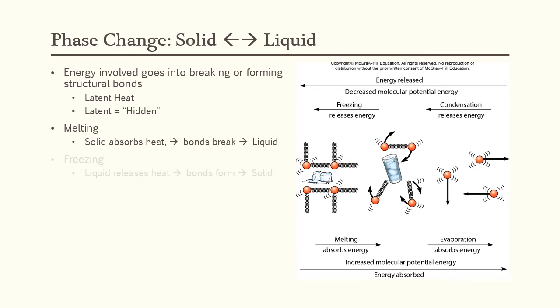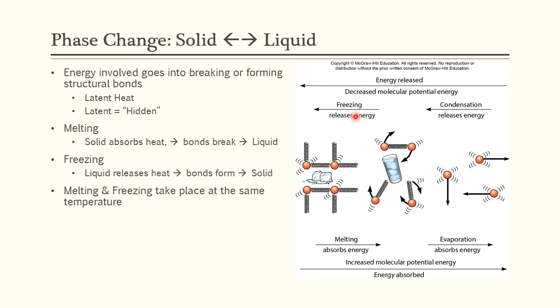You can also have the reverse happen. You can have freezing. So notice this diagram: melting absorbs energy, freezing releases energy. So in this case, we're going backwards. The liquid molecules are releasing energy, and they're getting slower and closer together until they bond again, and then they form a solid.